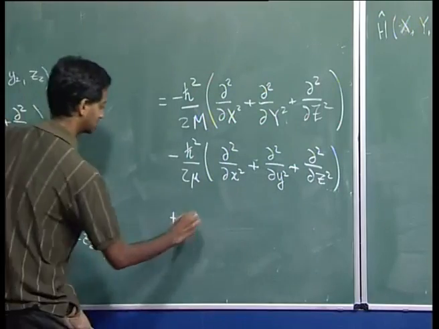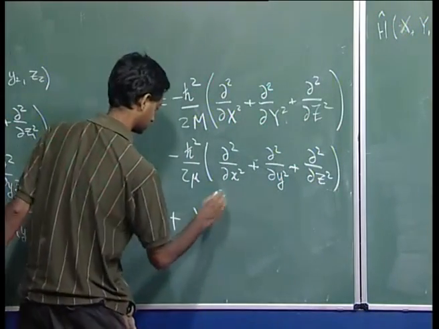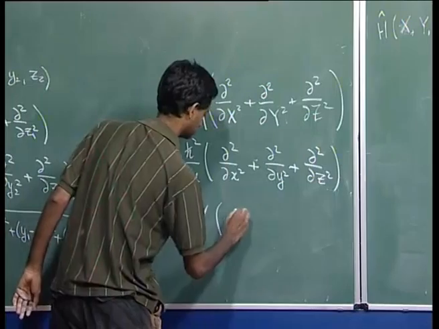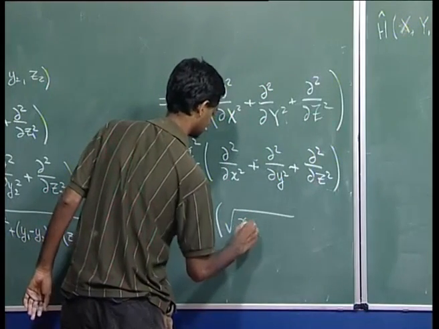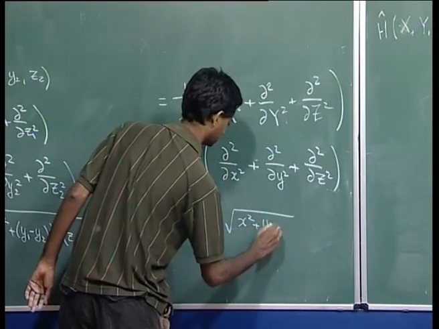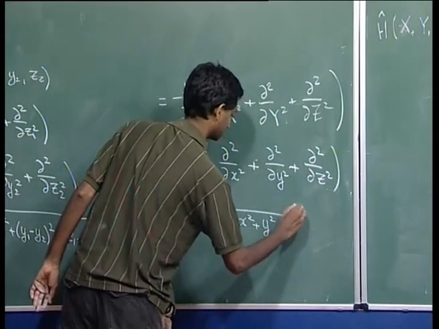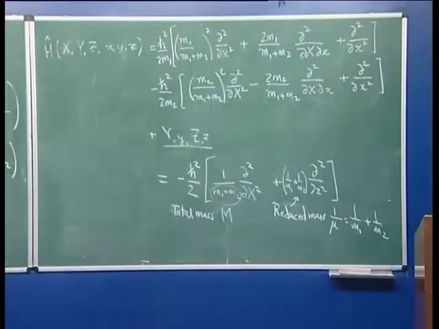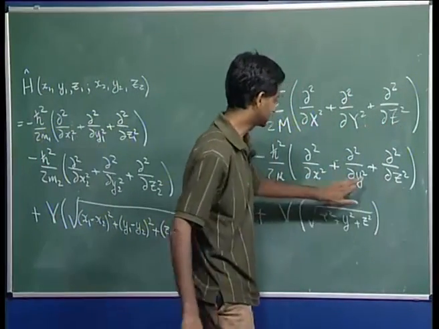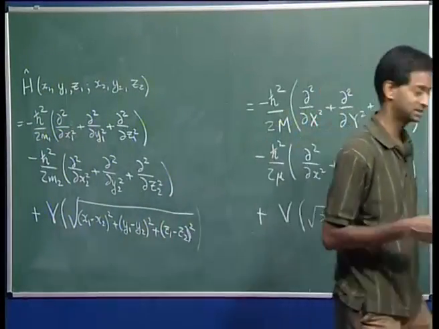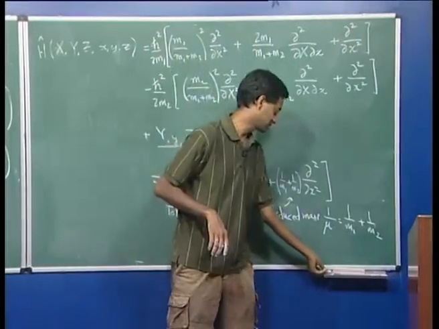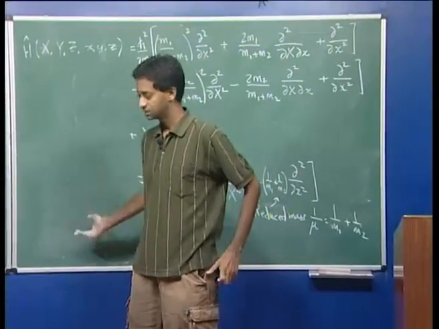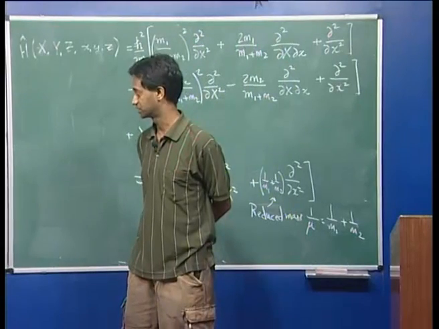So, the interaction potential is just written as V, which is a function of square root of x square plus y square plus z square. Okay. So, we wrote the Hamiltonian from x1, y1, z1, x2, y2, z2 to coordinates involving capital X, capital Y, capital Z, little x, little y, little z, and this is the standard center of mass and relative coordinates that is used in your quantum chemistry courses.